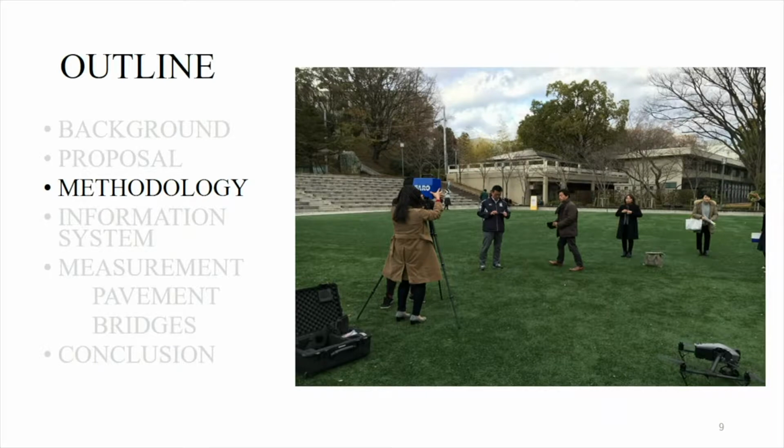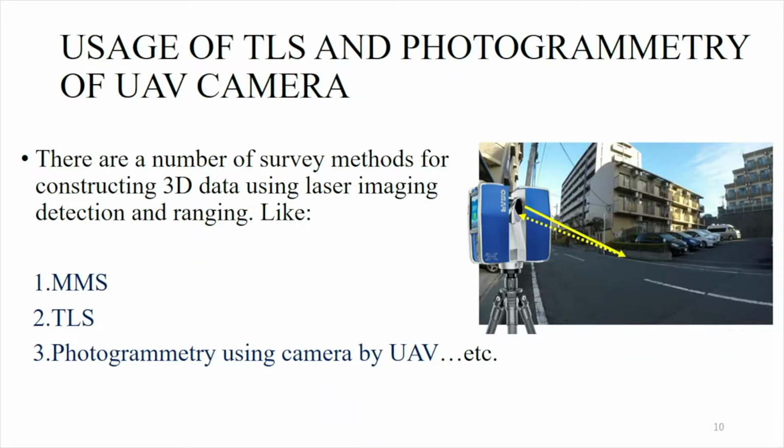The third part is the methodology. As we know, there are a number of survey methods for constructing 3D data, using laser imaging detection and ranging like MMS or TLS, and photogrammetry using a camera on a UAV.